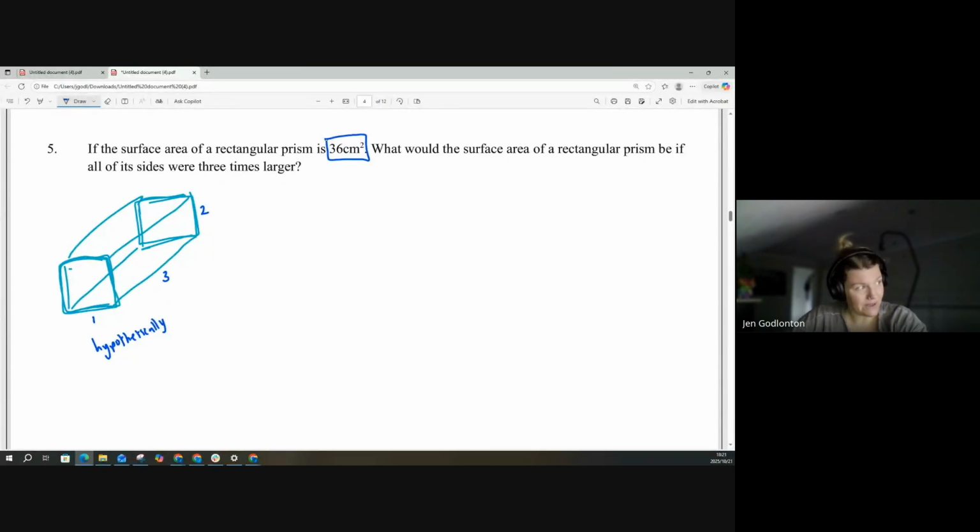So if we think about these values, my surface area would be 2 times 1 times 3 plus 2 times 3 times 2 plus 2 times 1 times 2.